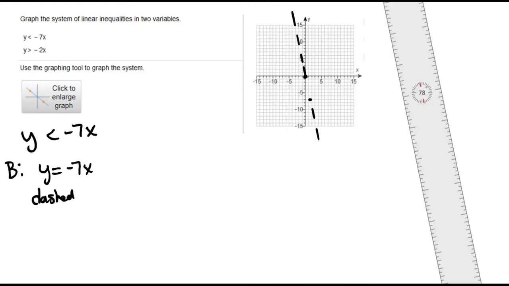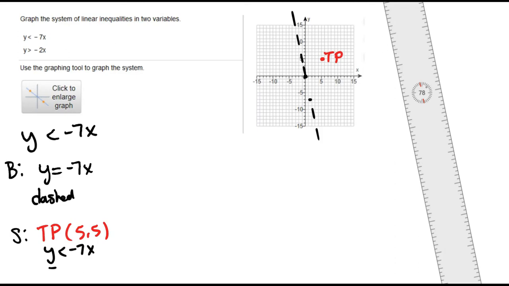Then we want to do the shading. So we need a test point, and our test point can't be on our line. So how about we choose something way over here for our test point, like 5, 5. We're going to substitute that into our inequality. y is less than negative 7x.